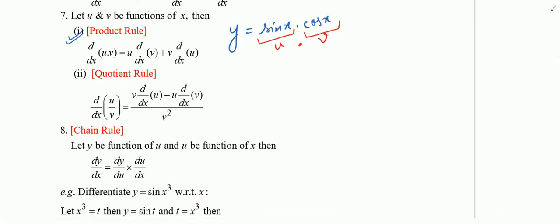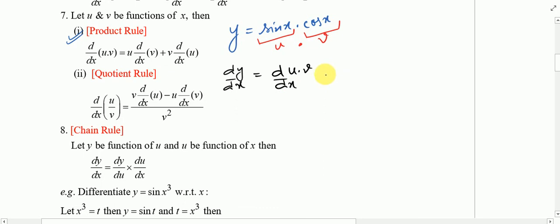So for this, dy upon dx will be written like this using this formula. You have to keep one out and differentiate the other, and then when you keep the other out, the next one will be differentiated.